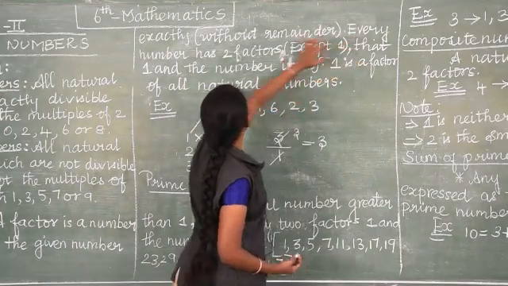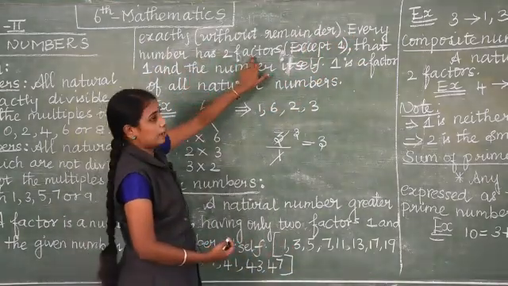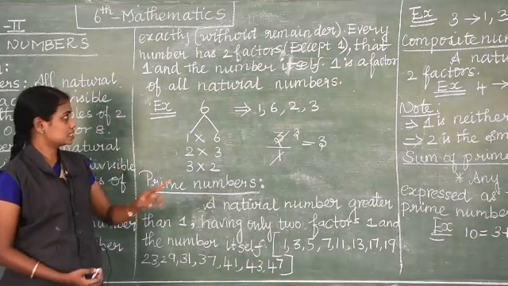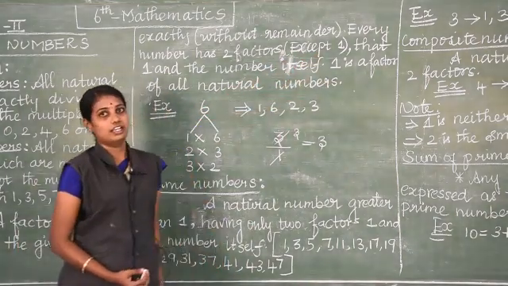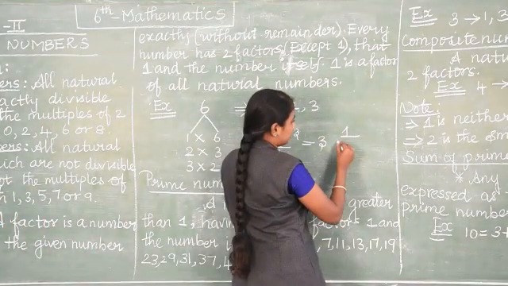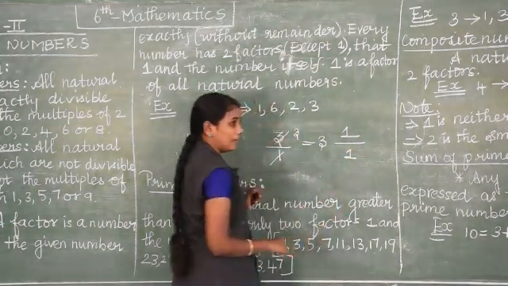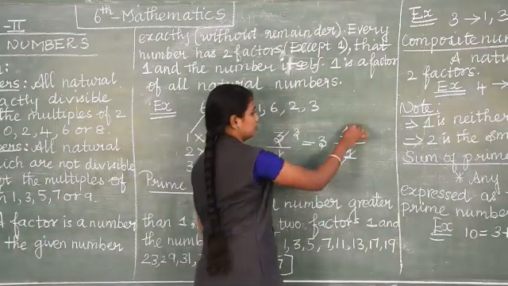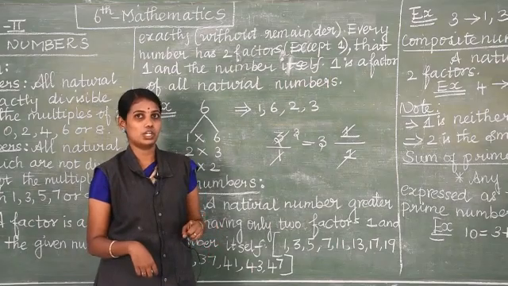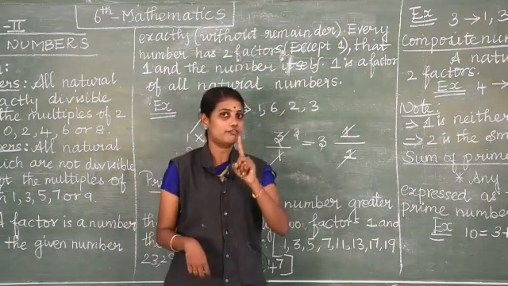Next point, every number has 2 factors. Every number has how many factors? 2 factors except 1. So 1 has only 1 factor because 1 can be divided by only the 1 table. Yes or no? So 1 alone has 1 factor.